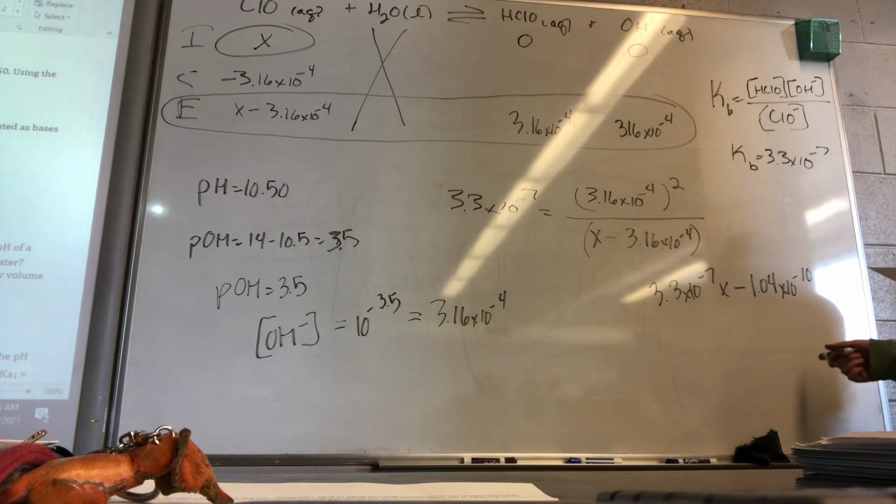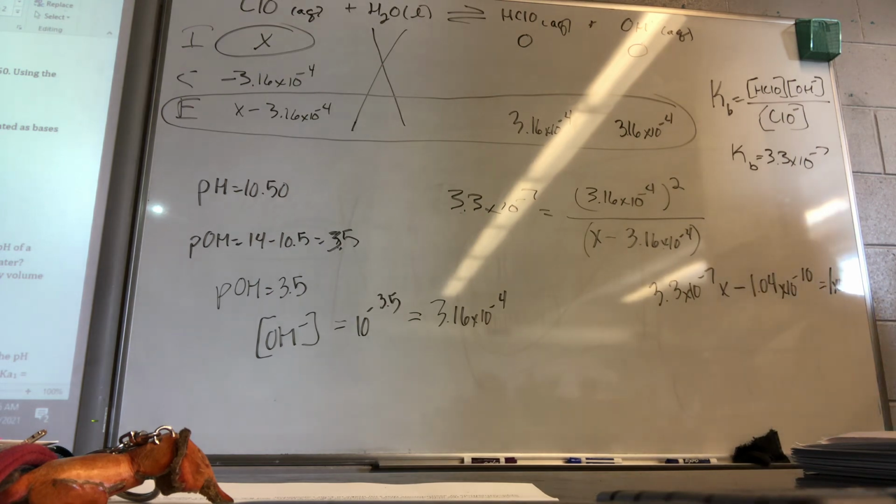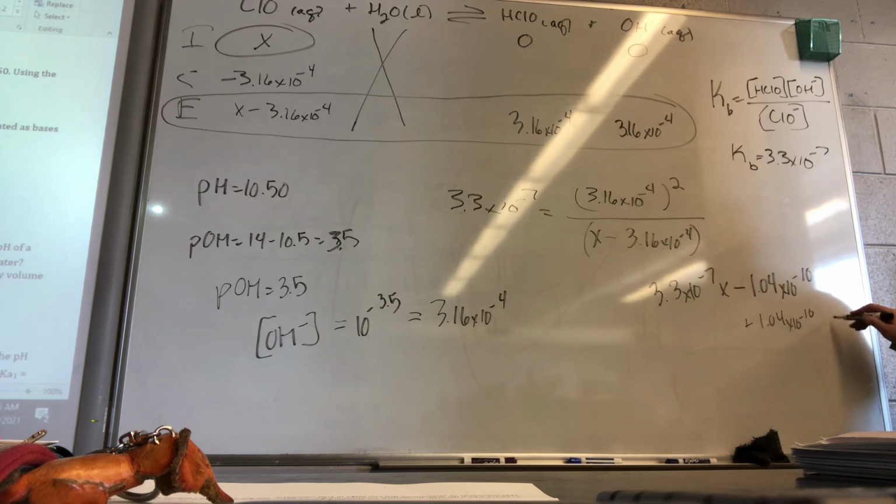This is what I got. It's not wrong. Because you square this, it becomes that. Move that over, that becomes that. Okay, thank you, sorry. That's where I'm at. Okay. So now, I'm just gonna add. This number is small compared to the 10 to the negative 10th.